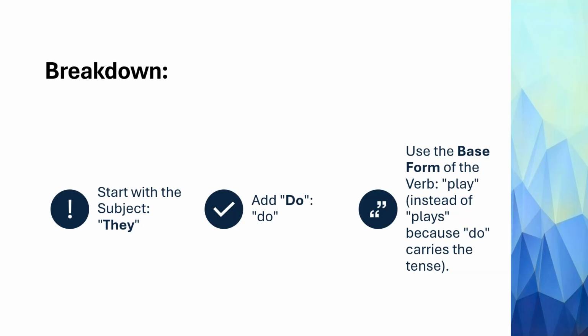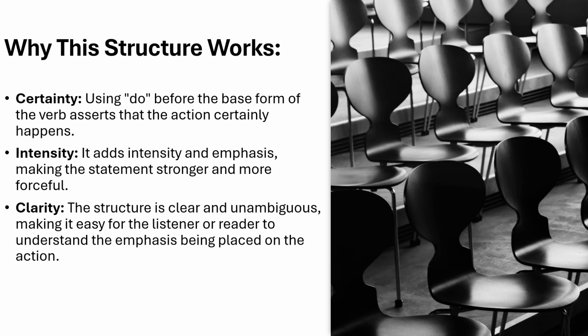Now let's break down this sentence. Start with the subject they, add do, use the base form of the verb play instead of plays because do carries the tense. Okay, now how and why this structure works. Number 1, certainty. Number 2, intensity.